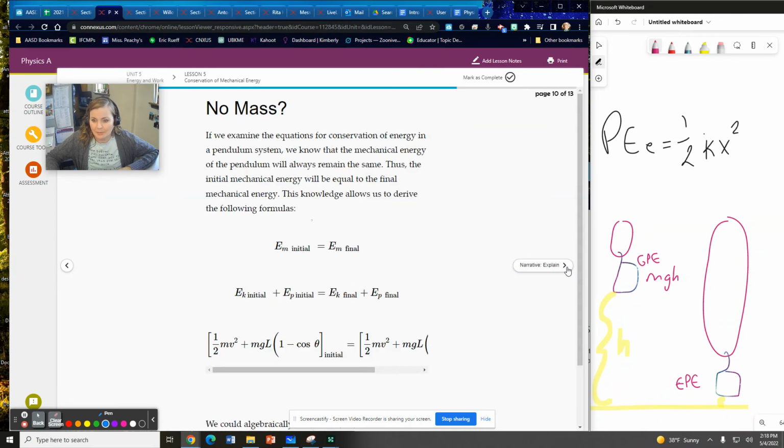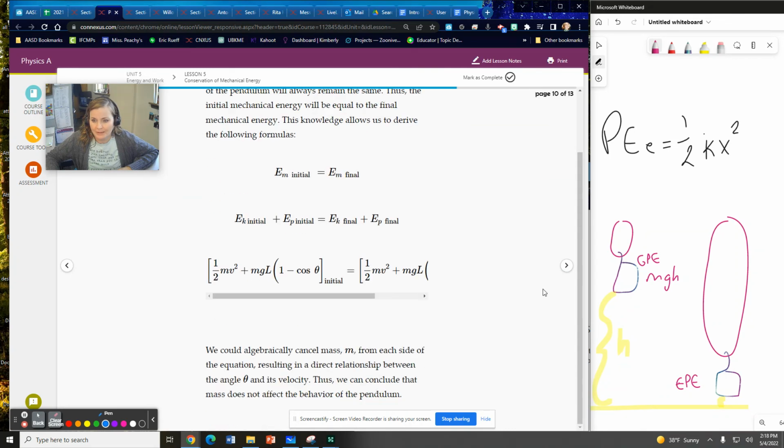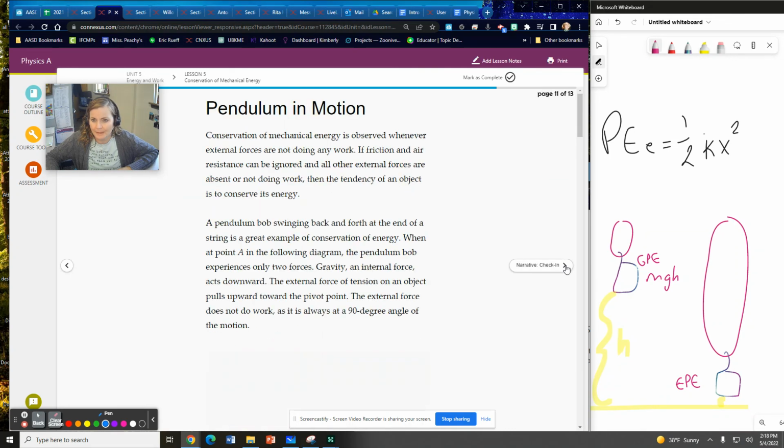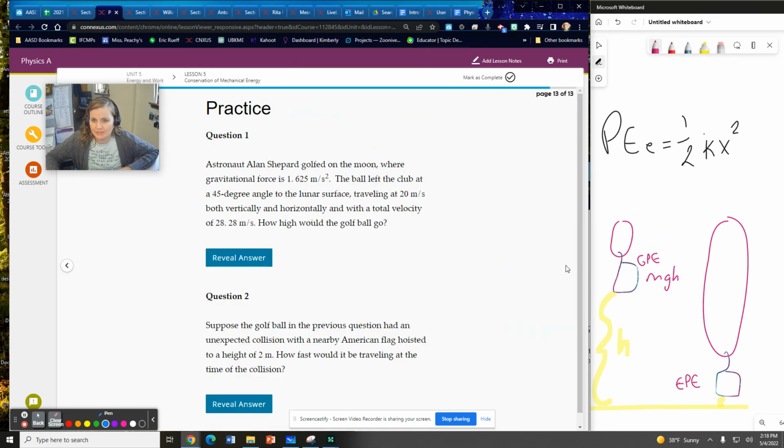It gives you some sample problems to work through as well, and some more scenarios with that. That's pretty much all of the content that goes through in this lesson. Again, the main ideas are that energy is always conserved.